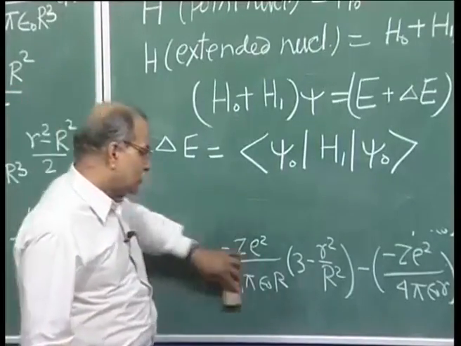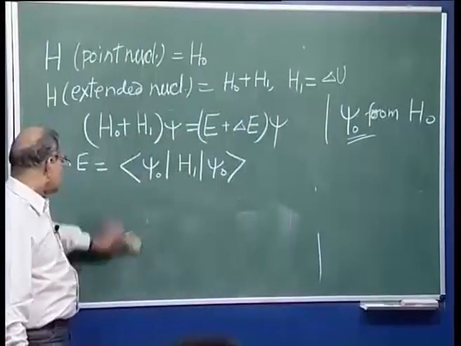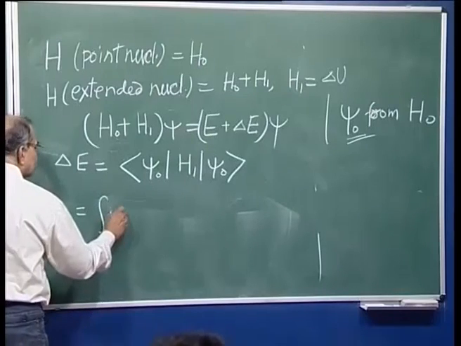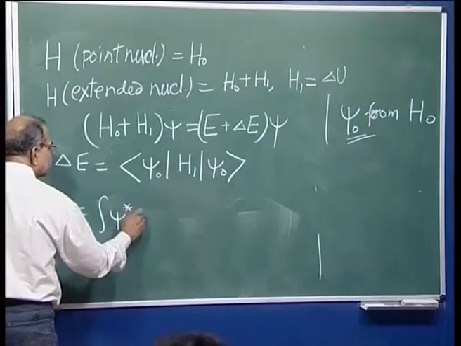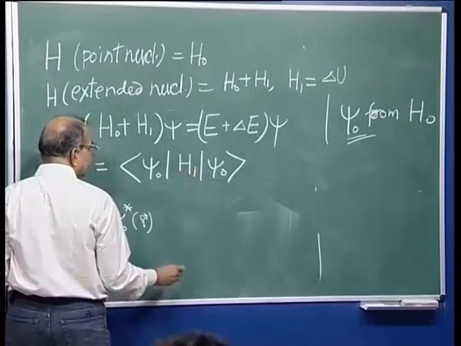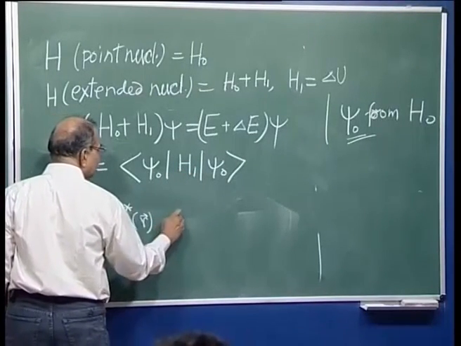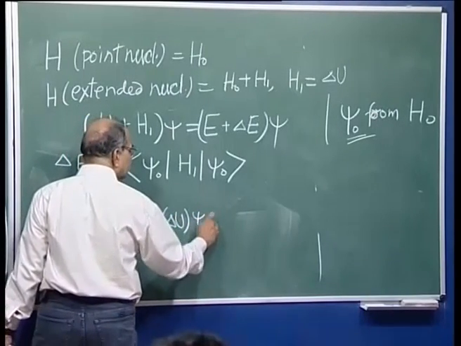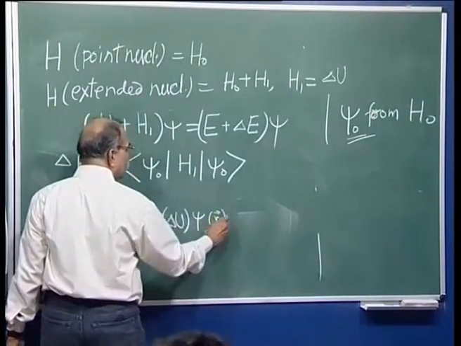And what does this mean? This is the integration of psi star, and then this operator H 1, which here will be just the delta U that I have calculated, and psi naught of r, and then d tau.